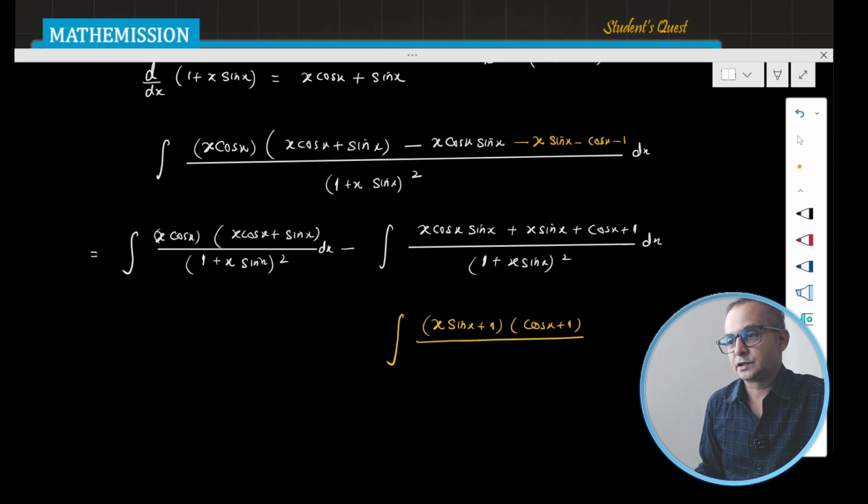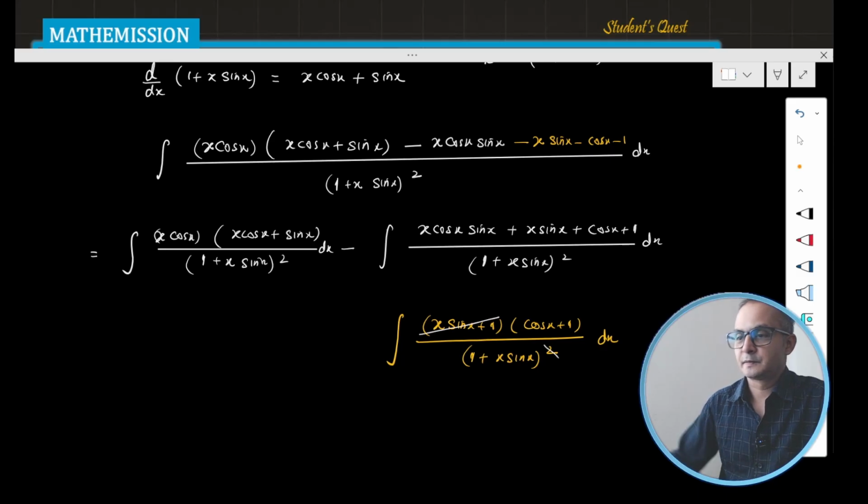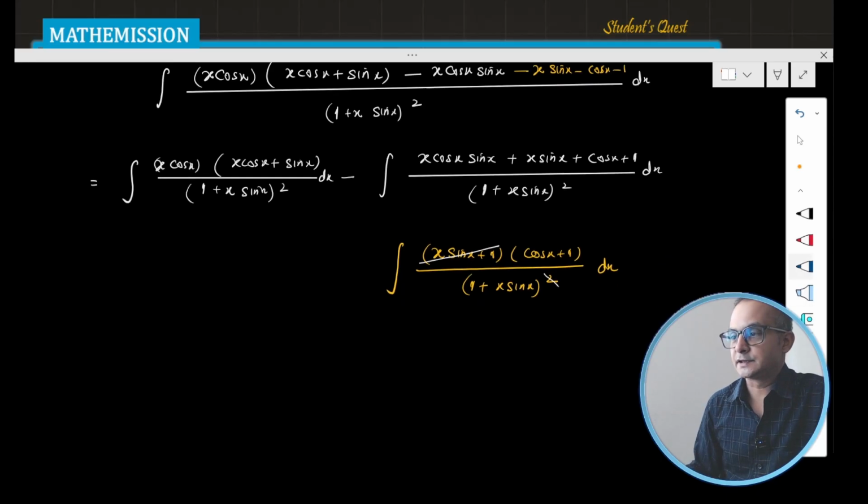And in the denominator, what I have is 1 plus x sin x, the whole square. Of course, these two will get cancelled from here. And this is our integration, I1, I'm writing just to save the time.